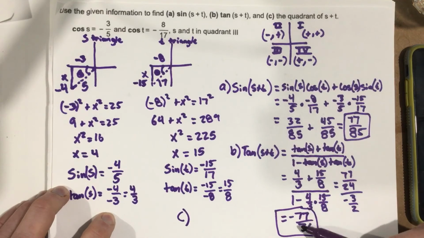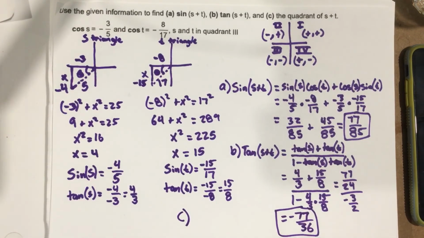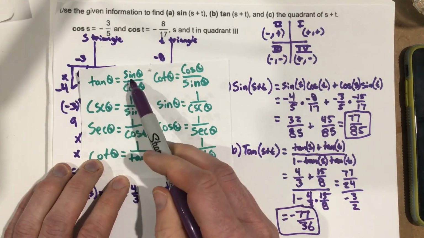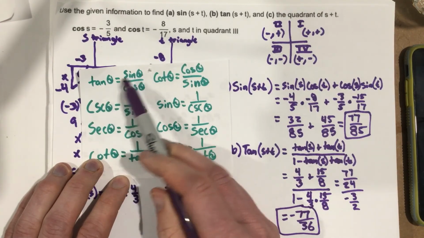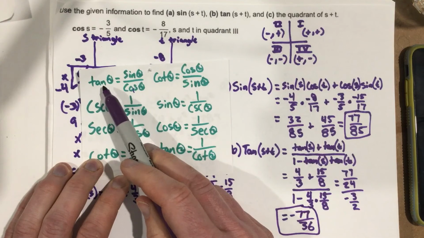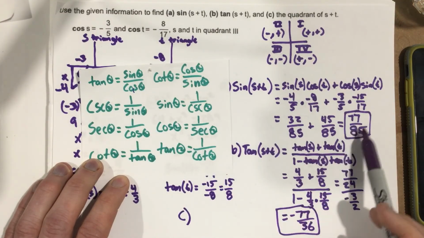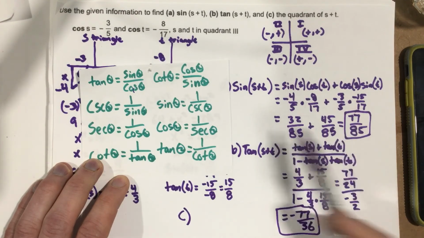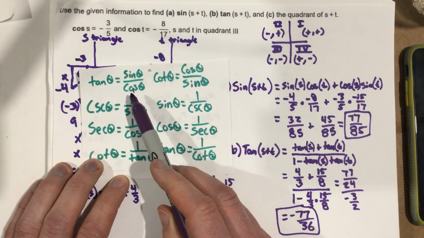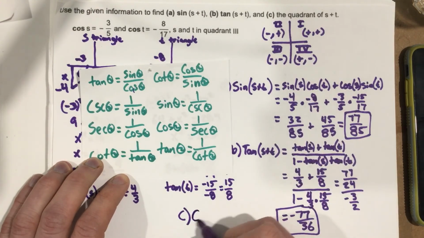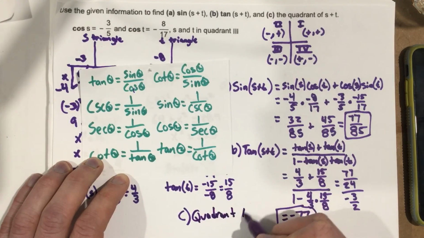The only way for tan to be negative, if you look at our quotient functions, we have tan being sine over cosine. So the only way tan is negative is if sine is negative or cosine is negative. In this case, sine is positive. That means cosine has to be negative. Well, where is sine positive and cosine negative? That's quadrant 2. So our answer here is quadrant 2.